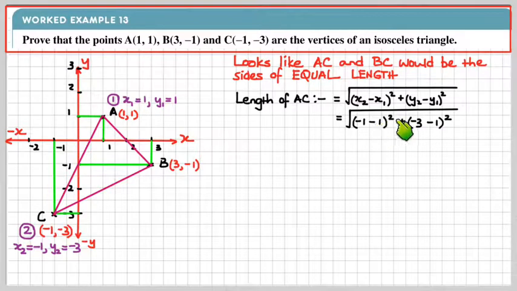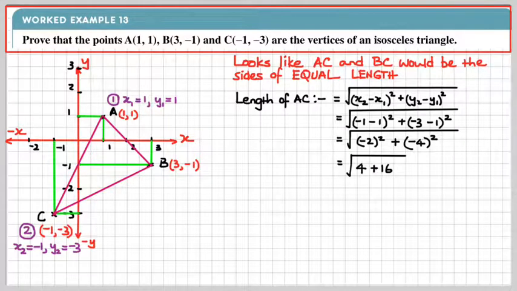What is that one going to be? Minus 2 all squared, and this will be minus 4 all squared. Now, remember that when you square a minus, it just becomes a plus, so it looks to me like 2 squared, which is 4, plus 4 squared, which is 16, so I reckon it's root 20. Beautiful.